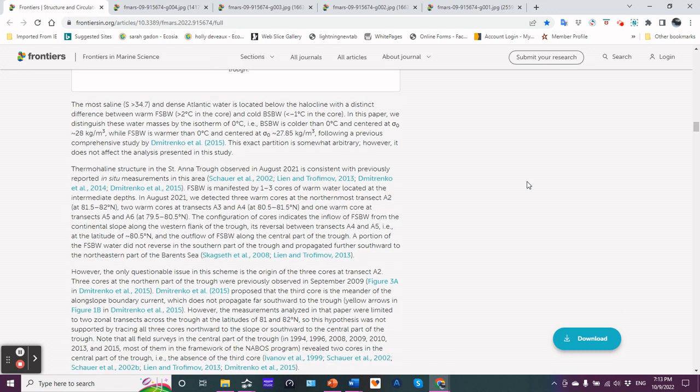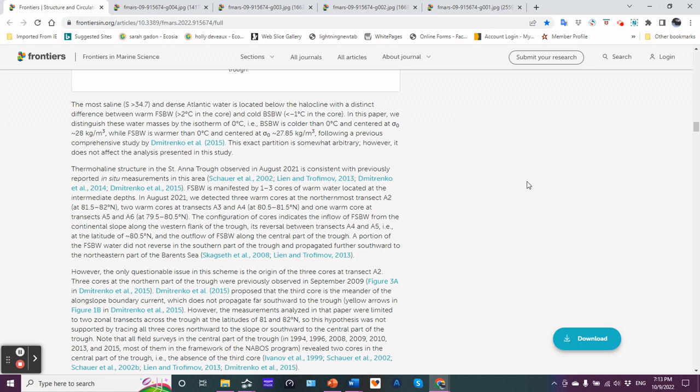The most saline, more than 34.7 PSU, and dense Atlantic water is located below the halocline, with a distinct difference between warm Fram Strait branch water, greater than 2C in the core, and cold or cooler Barents Sea branch water, less than minus 1C in the core.